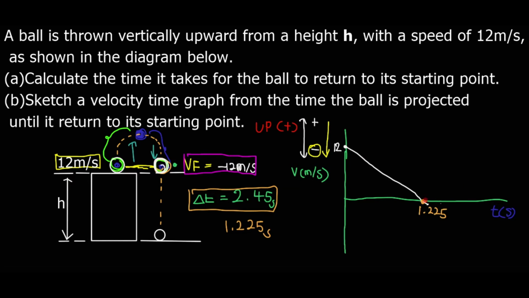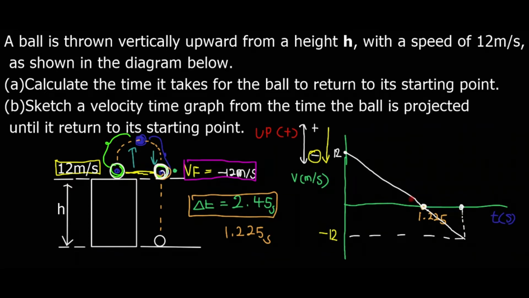This object continues, and at this level we have a velocity of -12. So we must write the time for this one, but we know this object reaches a velocity of -12 meters per second at the time of 2.45. So this means our time here is 2.45.